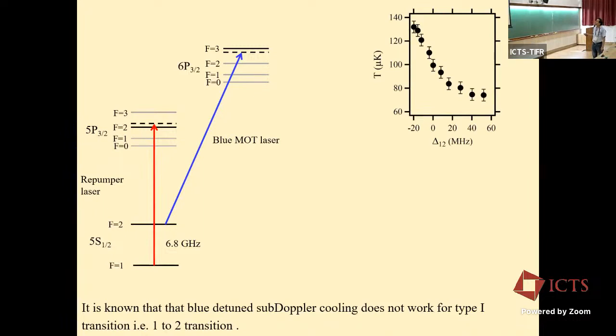If we detune by about 20 megahertz, we get a temperature around 140 microkelvin. There is another group in the NASA group which has tried blue detuning in a blue MOT, and they got a similar temperature, but at resonance. So what we tried was to detune, and when we go to the blue detuning side, our temperature is decreasing.